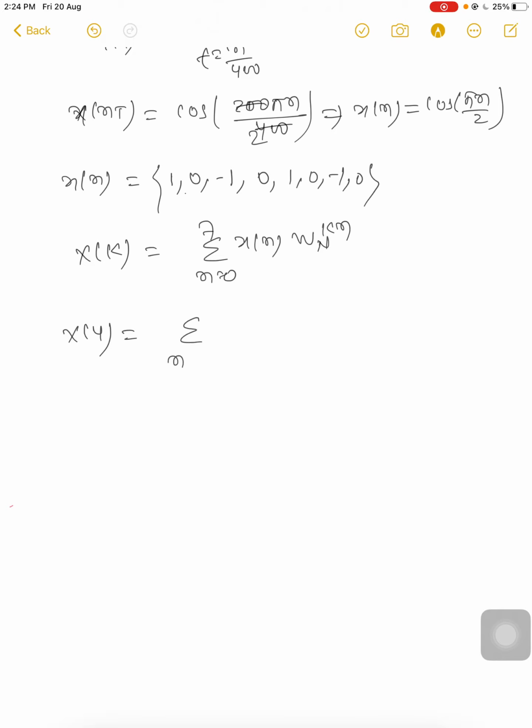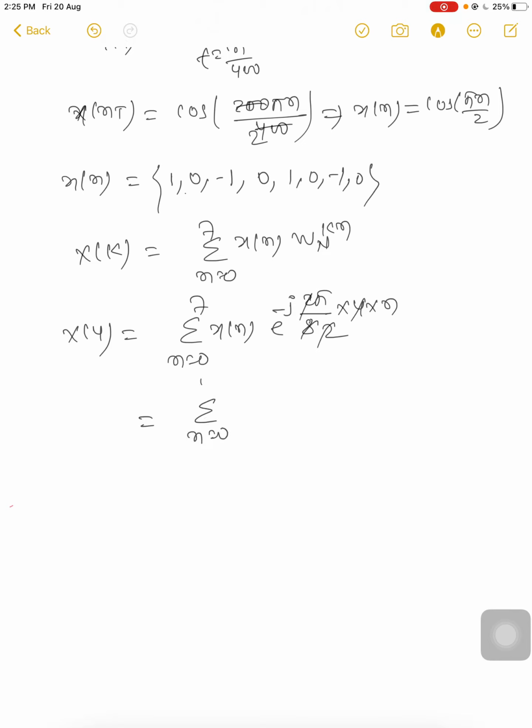When we calculate X4, n is equal to 0 to 7, x[n] e to the power minus j 2 pi upon 8 k, and k is 4, into n, so the 2 cancels and it becomes minus j pi n.